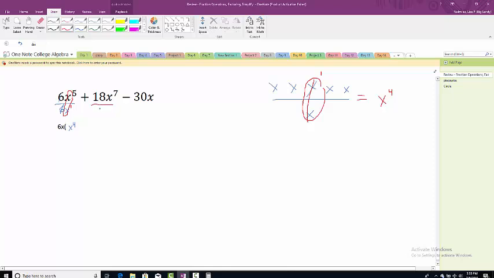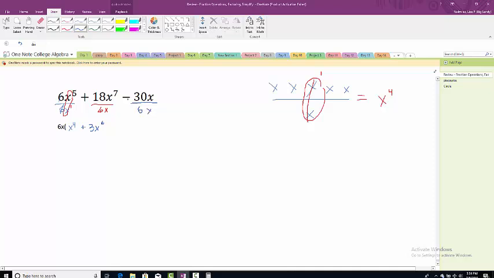Next one we're dividing 6x out of. So 18 divided by 6 is 3. And then x to the 7th divided by x is x to the 6th. Last one, we're going to divide out 6x. 30 divided by 6 is 5.